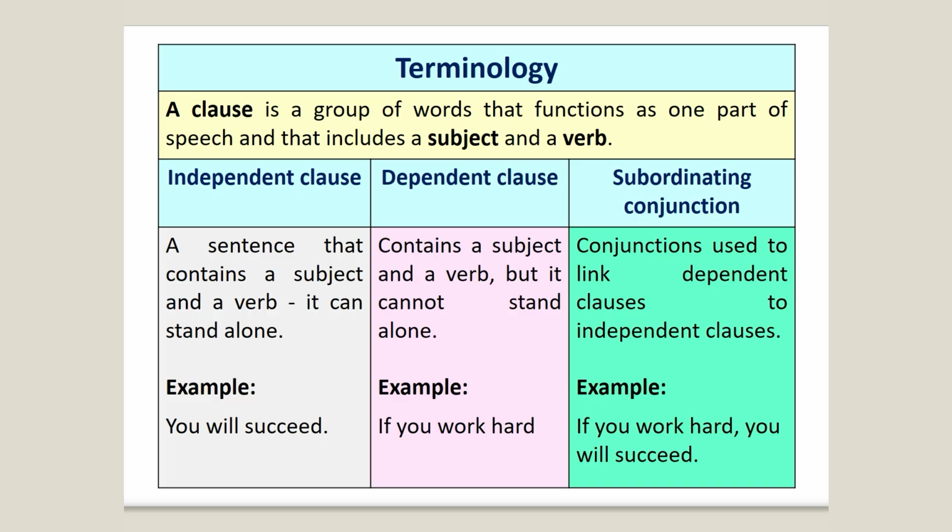The conjunction is very important because it is connecting the two clauses. So if you work hard, you will succeed. That is just an example of a subordinating clause, because if you do not work hard, you will not succeed. So here you have the two sentence structures: if you work hard, you will succeed.